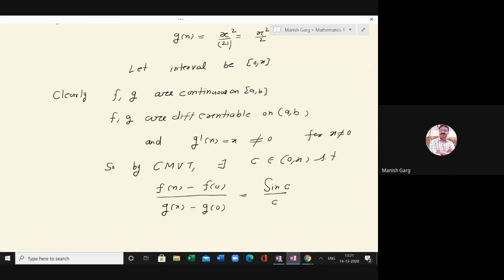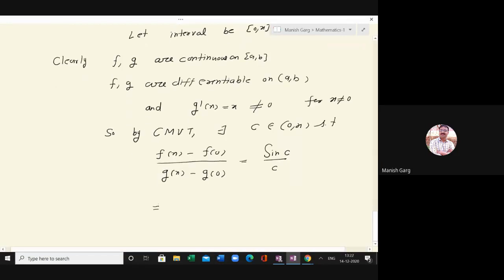Now here you can write 1 minus cos x over x square by 2 is equal to sine c over c.